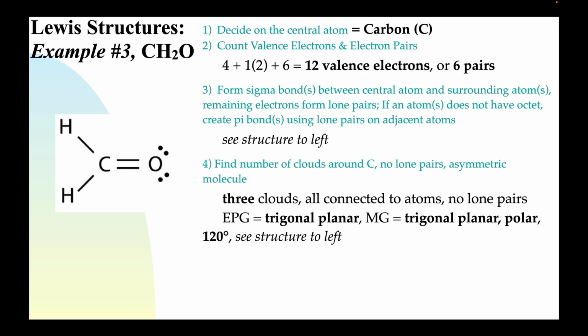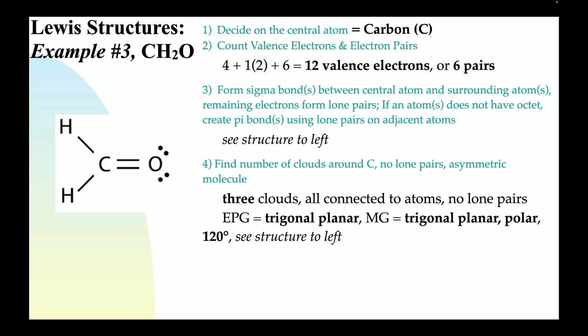So you want to put carbon in the middle, the other atoms around the outside. You start with a single bond to the hydrogens and a single bond to the oxygen. If you have any pairs left over, and you do, you put them on the outside atoms first, and then the inside atoms get them later. So as we saw in the last example, oxygen initially had 3 lone pairs around it.